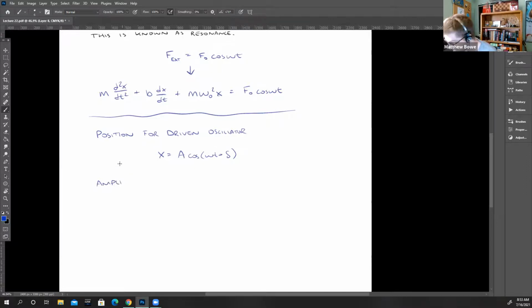If we needed to know the amplitude, what is the amplitude after a certain amount of time?